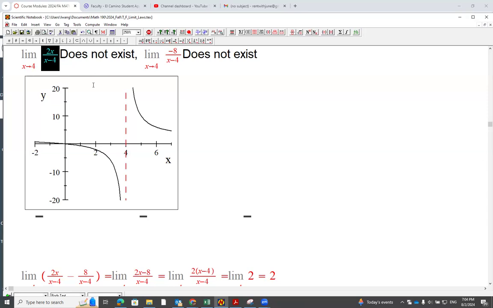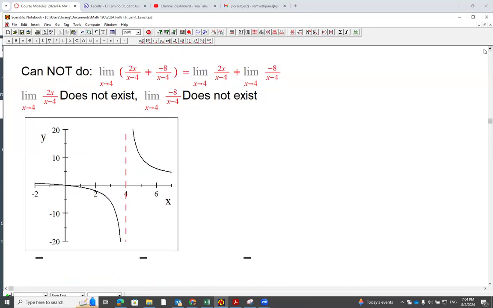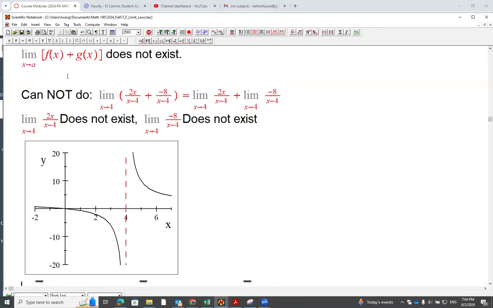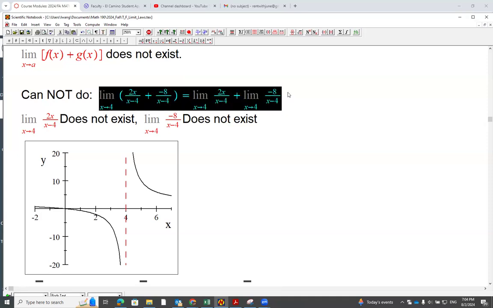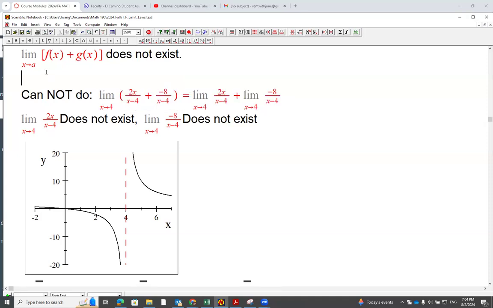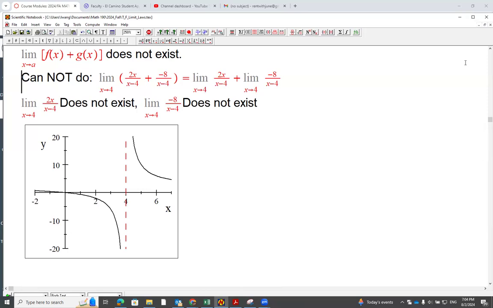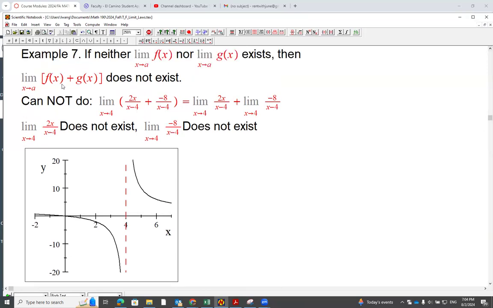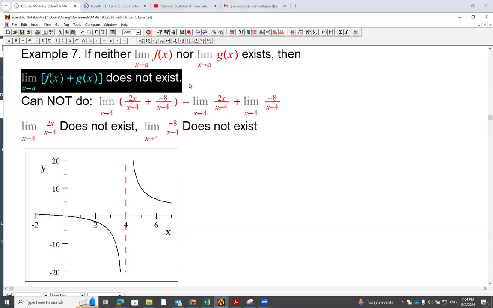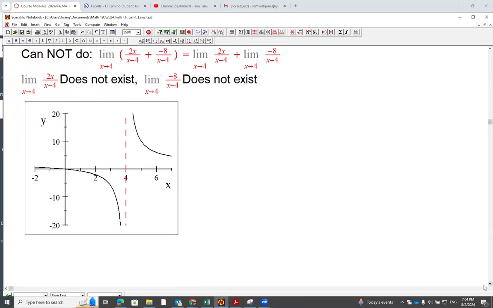Because when x approaching 4 from the positive direction, it goes to positive infinity, otherwise it goes to negative infinity. So both limits do not exist. But both limits not existing only illustrates that we cannot apply the limit law. It does not mean the initial limit does not exist.